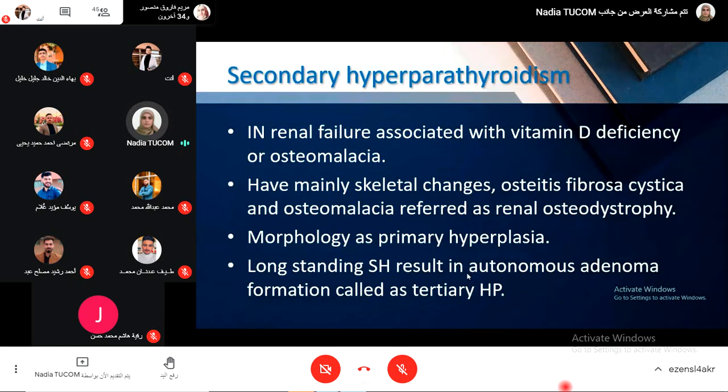Whereas in the tertiary type, when renal function is corrected, even with this correction the patient will also have high PTH from autonomous production by adenoma or hyperplasia. So the patient has normal calcium or even high calcium in the tertiary type.